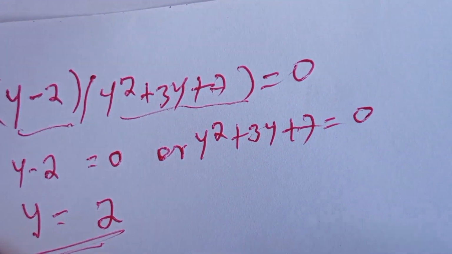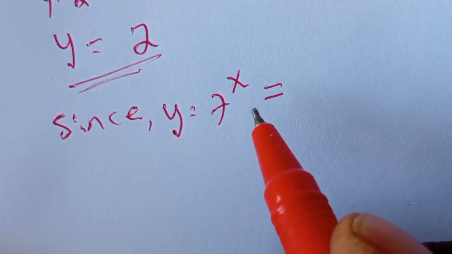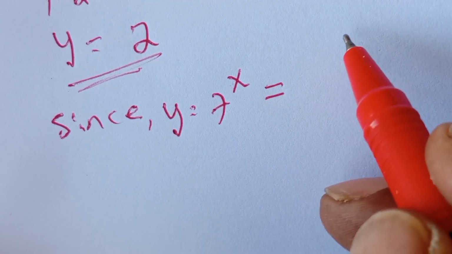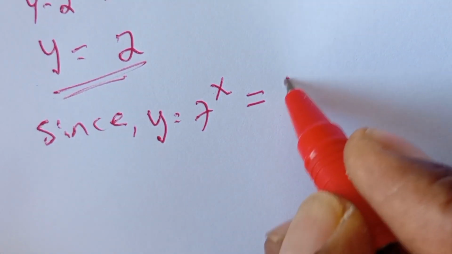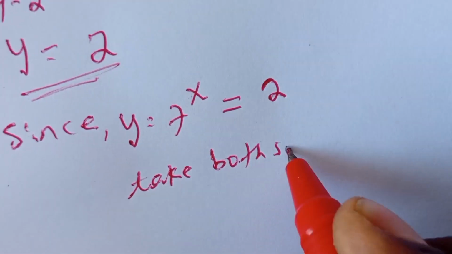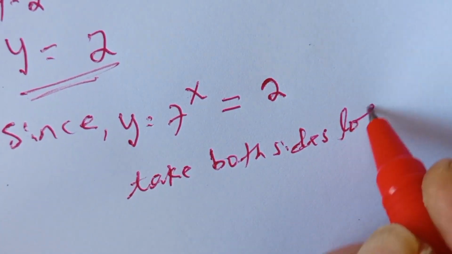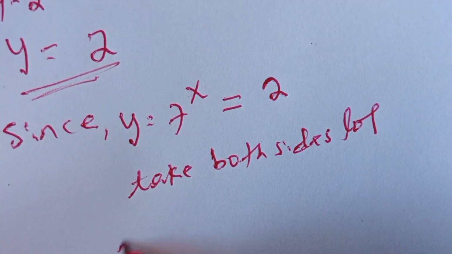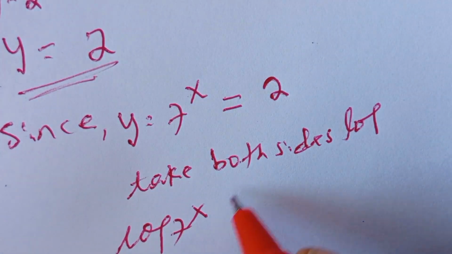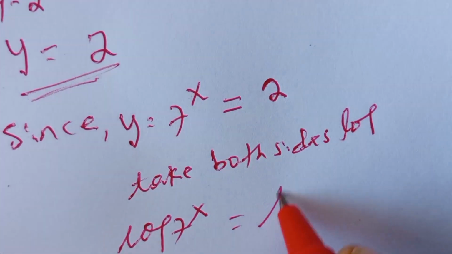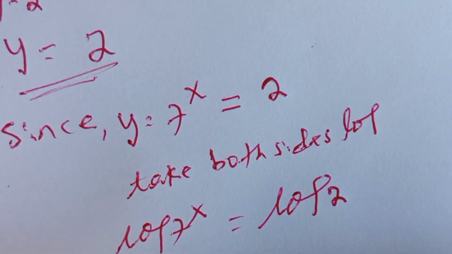Since y is 7 to the power of x, which is equal to 2, take the logarithm of both sides. The logarithm of 7 to the power of x is x times the logarithm of 7, which is equal to the logarithm of 2.